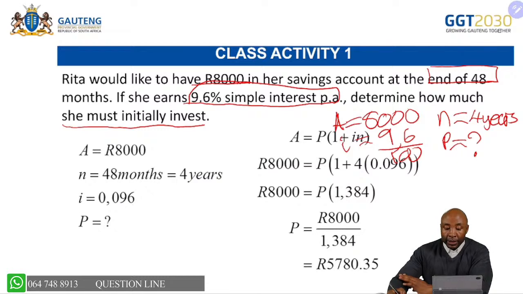So please, we should be able to manipulate our formula so that we always look for what is wanted. Our calculator has fractional button, so we shouldn't stress when we are answering these questions. Manipulate, rearrange your formula, make whatever you have as your P the subject, and then do your manipulation at the end and get your answer.